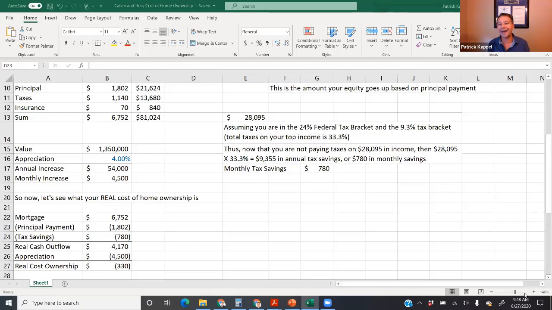There's some good attributes to that, but you will not get the highest return on investment. I will show you guys that on a future webinar. I've got a spreadsheet that I think we dove into two months ago, and we'll dive into it again. It's a very complex looking spreadsheet, but it shows you that using leverage will definitely get you a much higher return on investment than not using leverage.